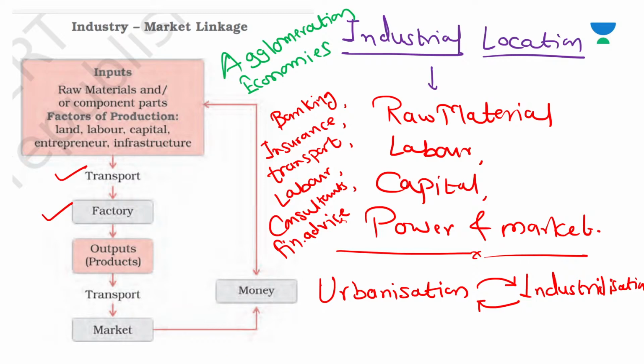So this is the industry and market linkage. The key to the decision of factory location is the least cost. Government policies and specialized labor also influence the location of industry.